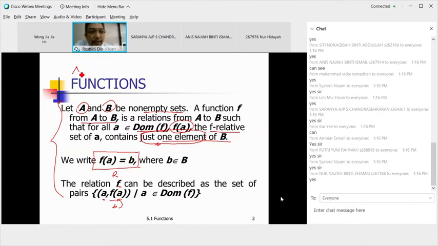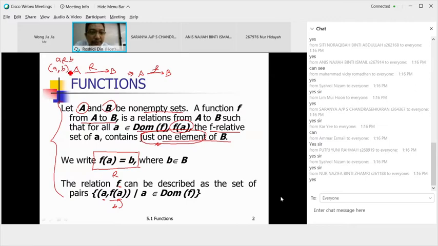Previously we had A map to B, and if there is any relation we put R. Now from A to B, once we identify this relation as a function, we put f. It looks like F, but this is a unique symbol representing a function. So this f is from A to B, where previously in a relation, if A has a relation with B, we put (a, b).